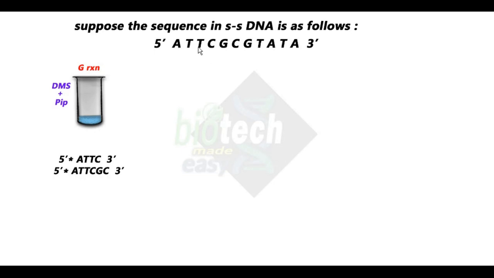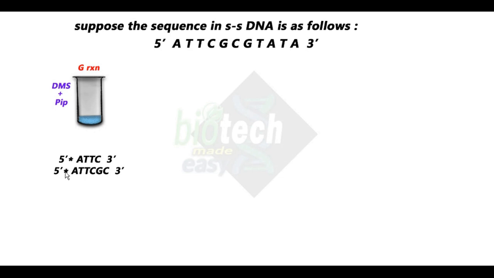ATTC. So here you can see ATTC, and at the 5' end, it is radio labeled. Or in the second case, you get ATTCGC. Up to this point, you will get the fragment, and here also you will see that at the 5' end there is radioactive labeling.